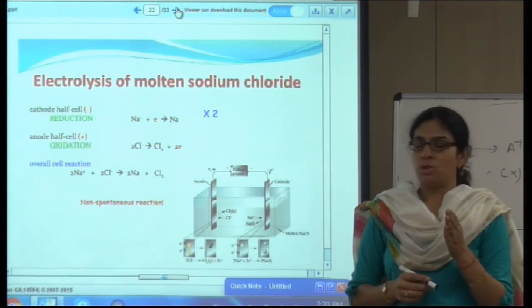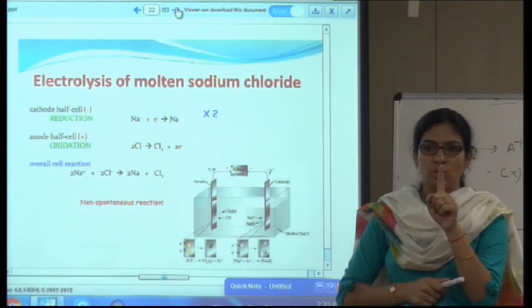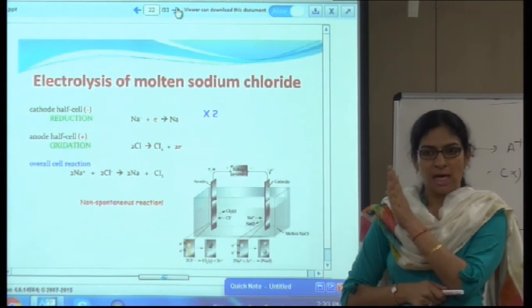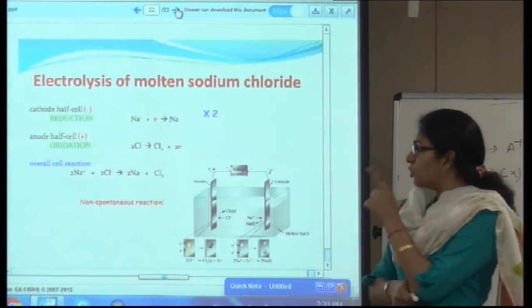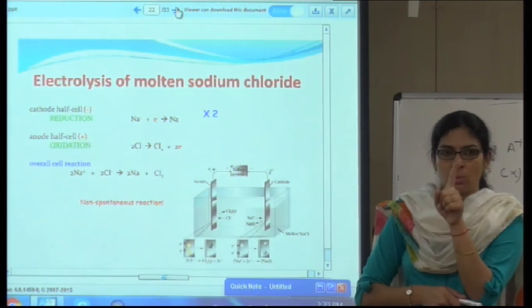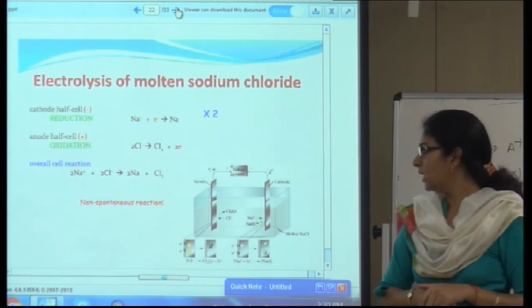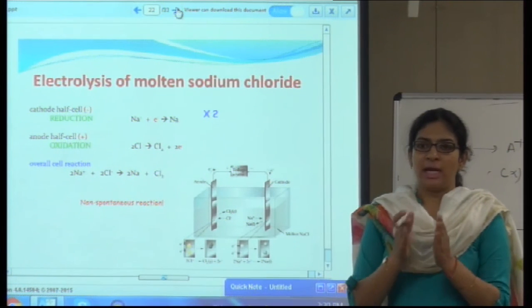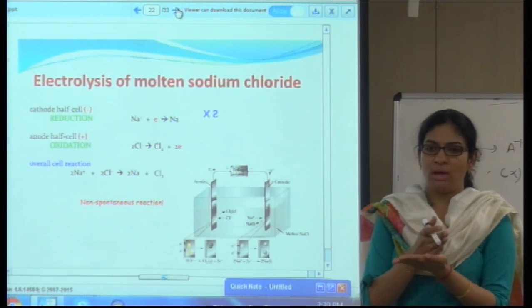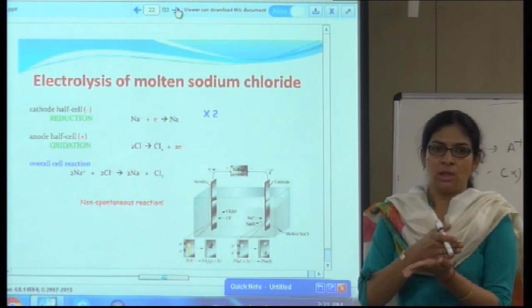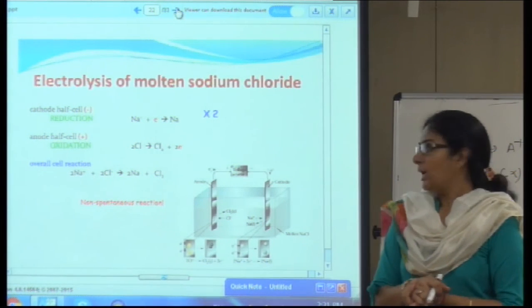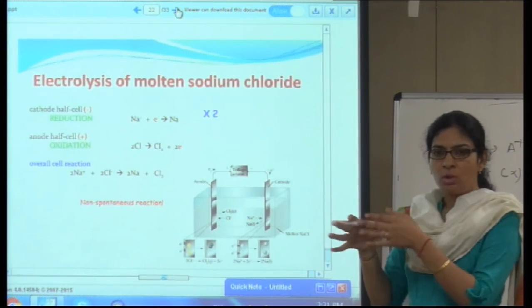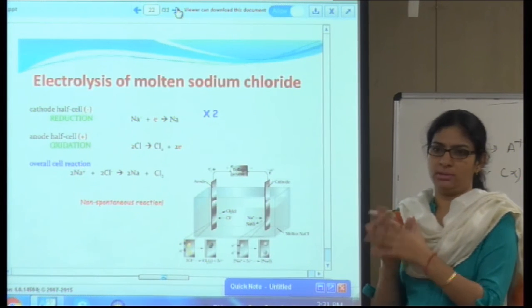So you see here that one electron gives you one sodium atom, but 2 electrons give you one chlorine molecule, right. So at the cathode you will have deposition of sodium metal, and at the anode chlorine gas is evolved.